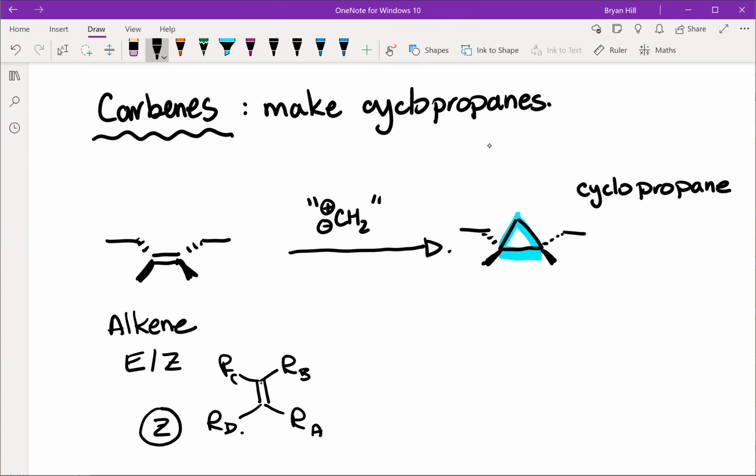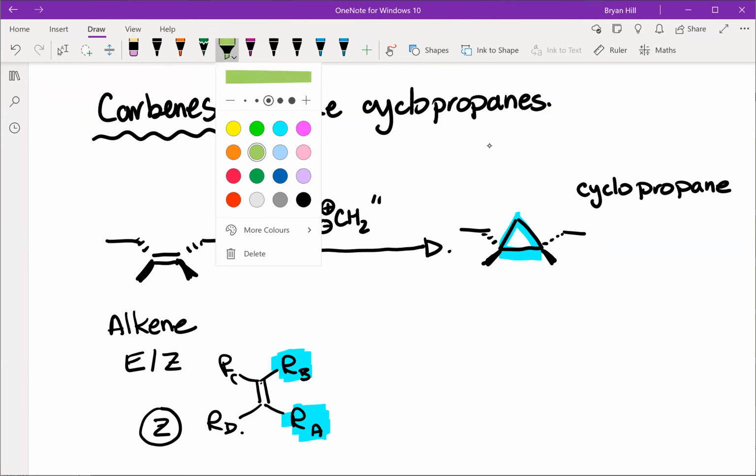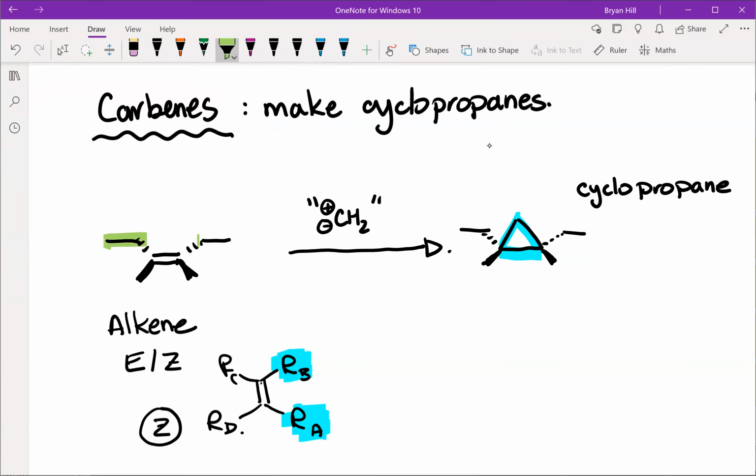So with the Z, the highest priorities will both be on the same side. So we've got the higher priority ethyl group, ethyl on the same side. And you will notice that in your product, the two ethyl groups are on the same side.